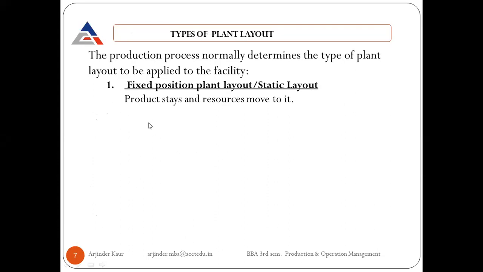So basically the type of plant layout depends upon the type of production process involved. If the production process is such wherein the product that is to be produced is very large in size, it cannot be moved from one process to another process, then we'll employ this type of layout.